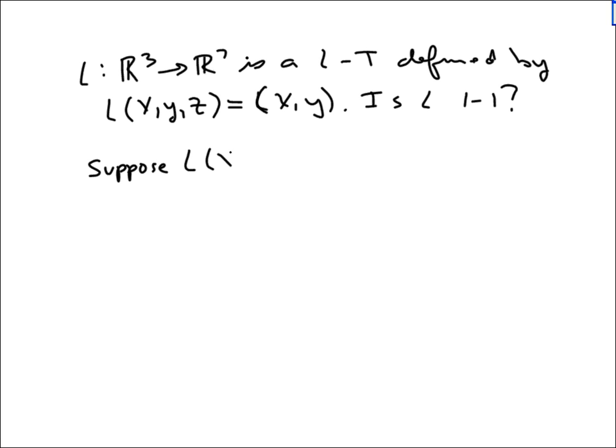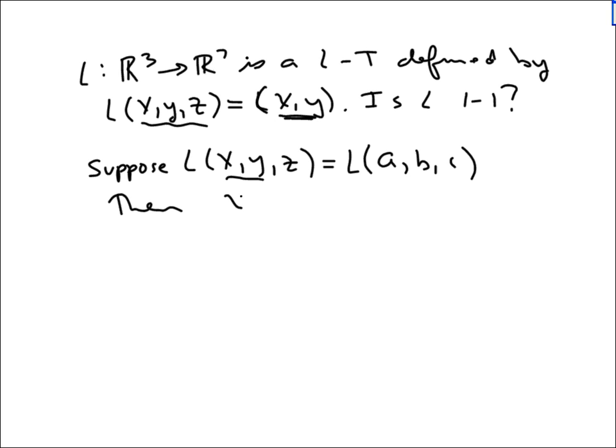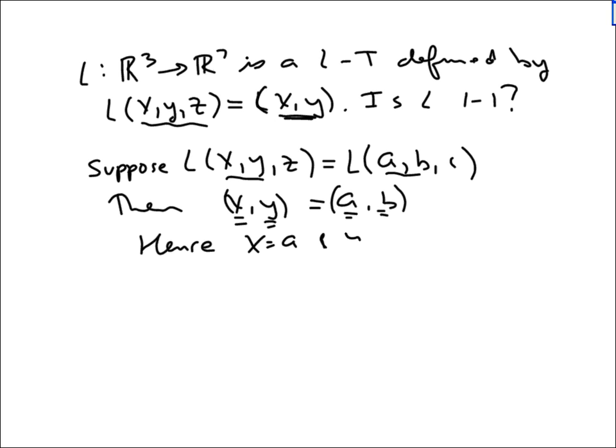Suppose L of (x, y, z) is equal to L of (a, b, c). Now, L of anything, you just get back the first two values. That is, then (x, y) is equal to (a, b). Hence, x equals a and y equals b.